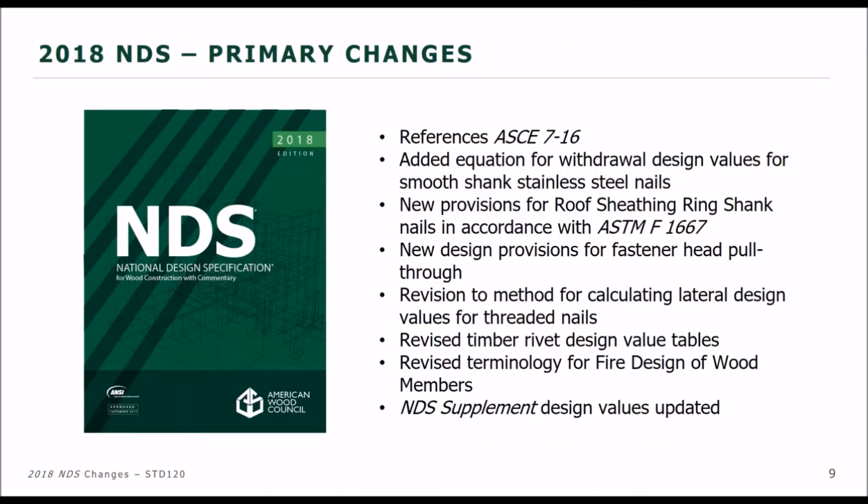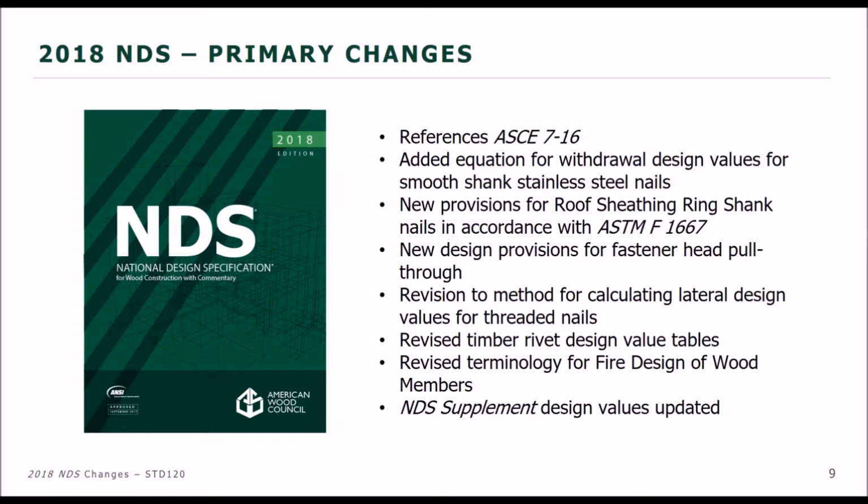This goes over the primary changes that have occurred in the 2018 NDS. One is the reference to ASCE 7-16, where we go to get our design loads. Then we have the added equations for withdrawal design values for smooth shank stainless steel nails, and provisions for roof sheathing ring shank nails in accordance with ASTM F1667.